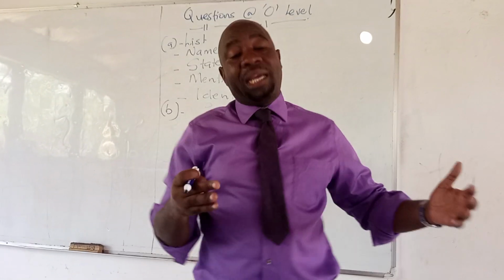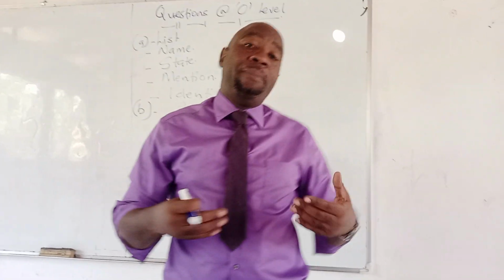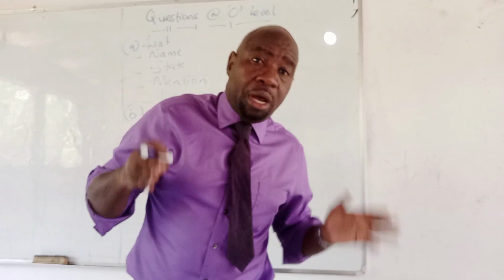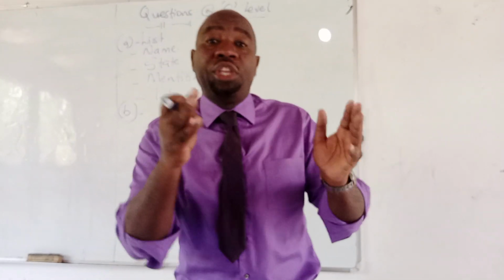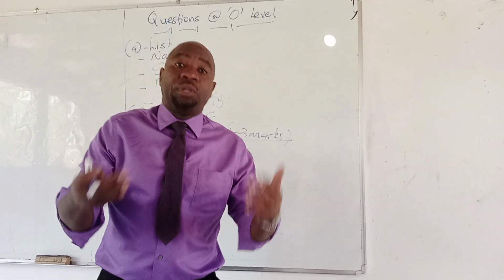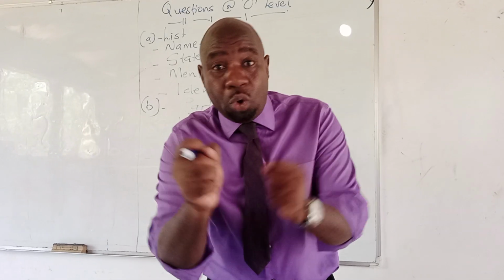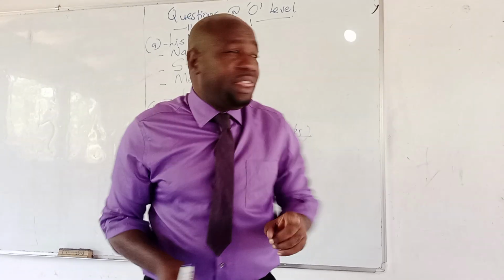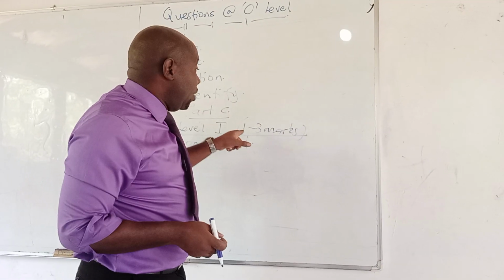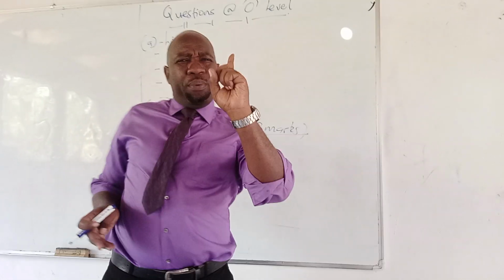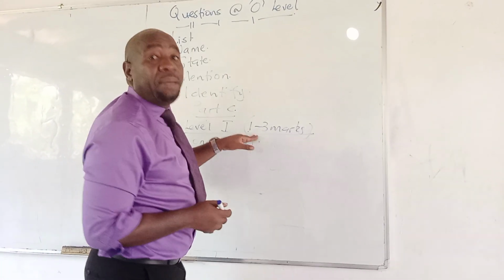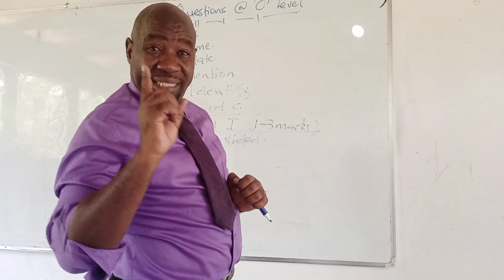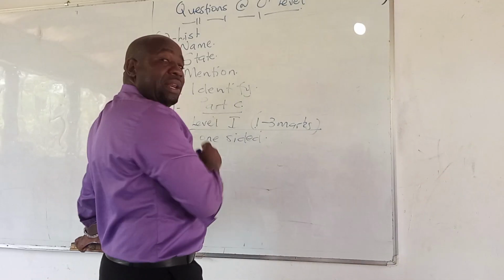Germany was responsible because she challenged Britain's naval supremacy on the issue of dreadnoughts. Germany was responsible because of colonial rivalry. If you write even 20 points on Germany alone, your answer will be one-sided and you will get 3 marks. So we want to avoid answers that are one-sided. That is our first level, level 1, 3 marks.